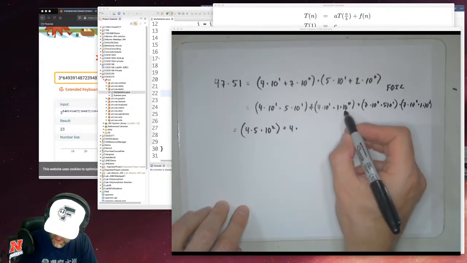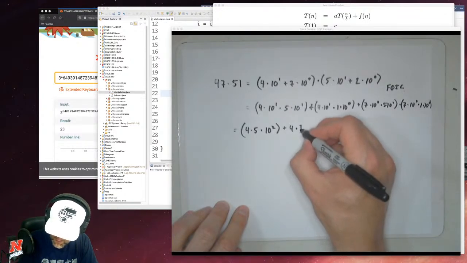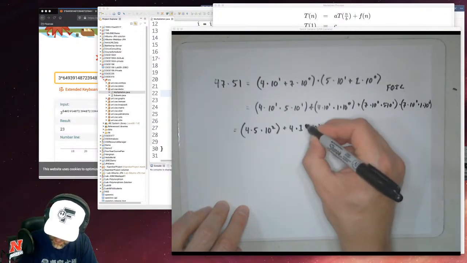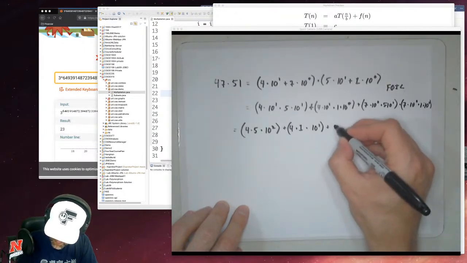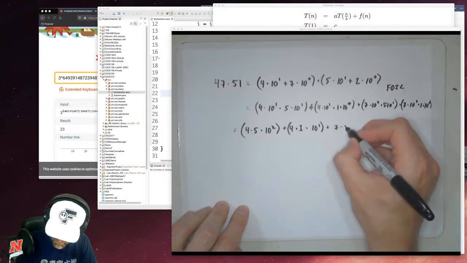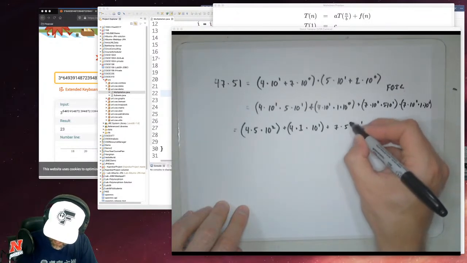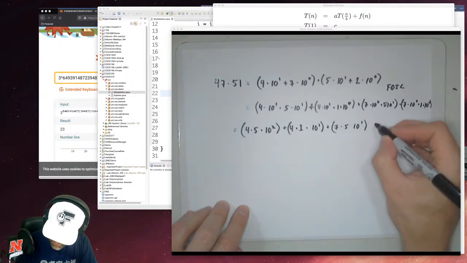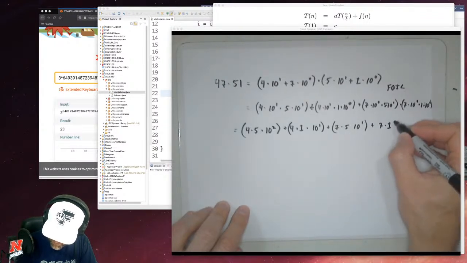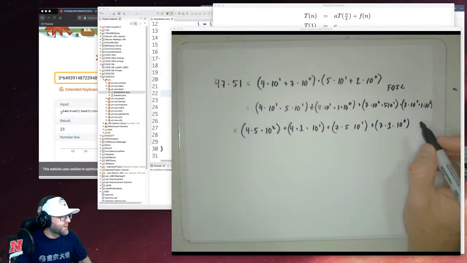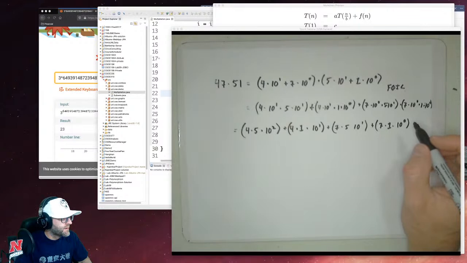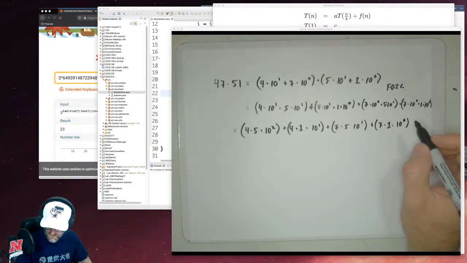So when I combine these, I'm getting 4 times 1 times 10 to the first, plus 7 times 5, 10 to the first, plus 7 times 1, 10 to the 0 in this case, sorry. All right. Make sure that I'm correct there. 7, 4, 7, yep. There we go.